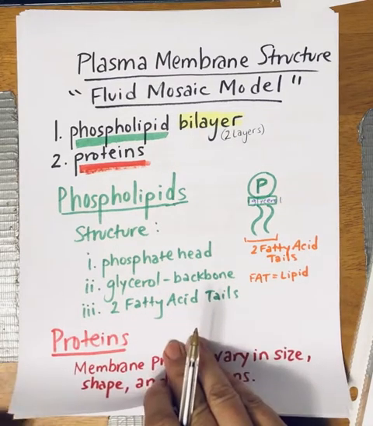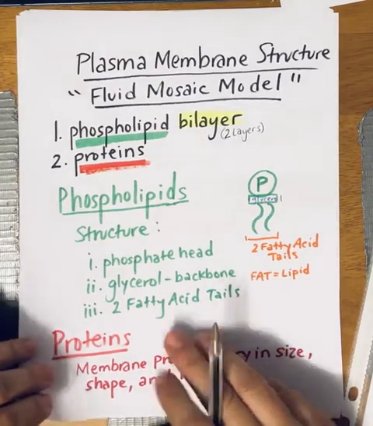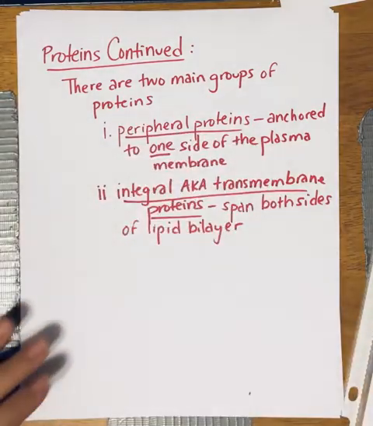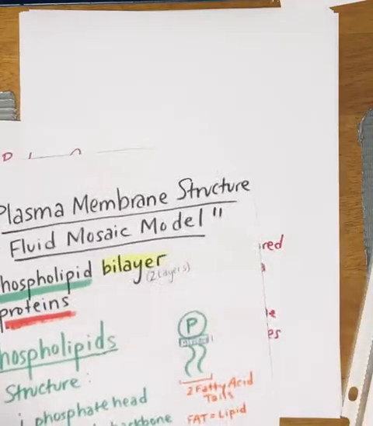So we're going to draw out our fluid mosaic model. First time we draw it, it's going to be simple.